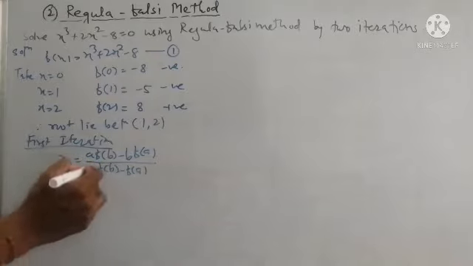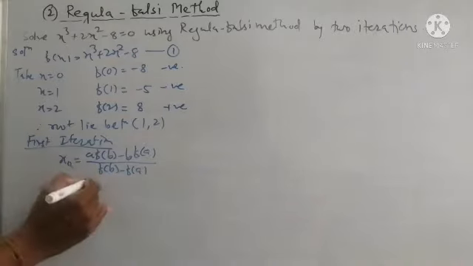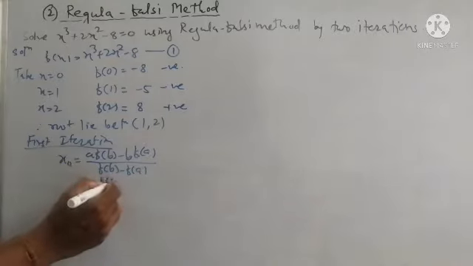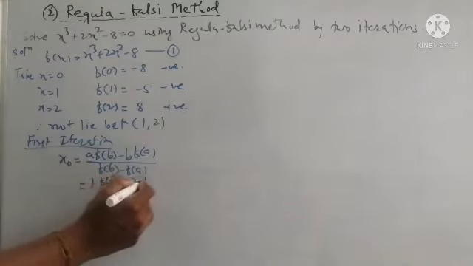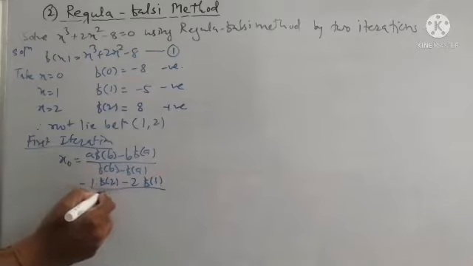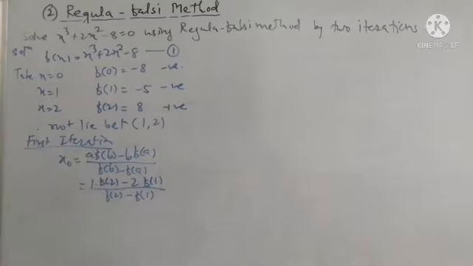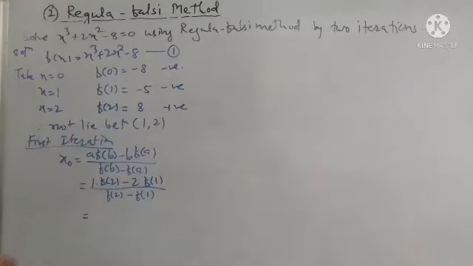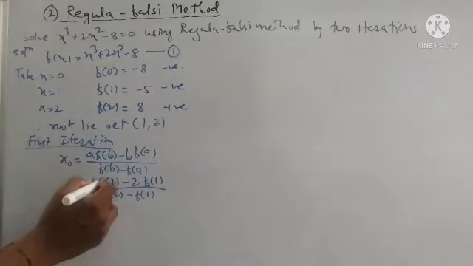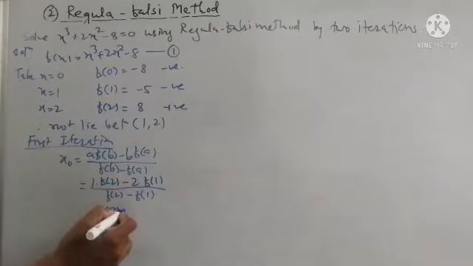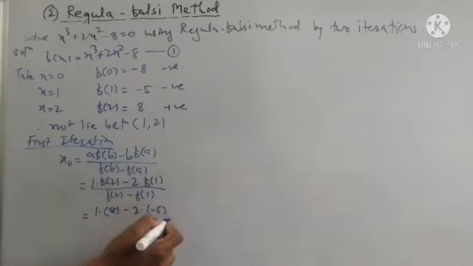As here a is the first endpoint 1, so 1 into function at second endpoint 2, minus, reverse process, 2 into function at 1, divided by function at 2 minus function at 1, as it appears in numerator. Now taking the values and simplifying: 1 is multiplied by function at 2, here 8, minus 2 is multiplied by function at 1, here minus 5, divided by 8 minus minus 5.